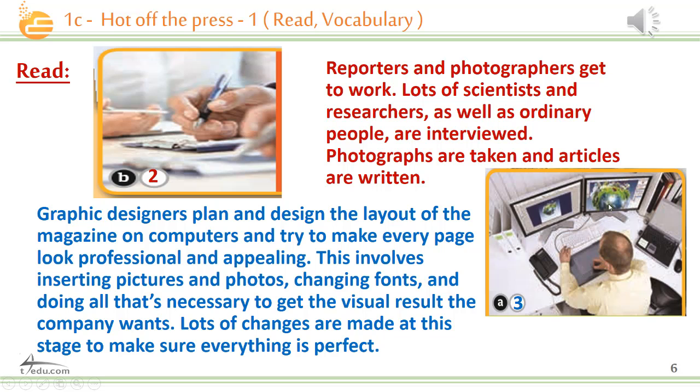He works on the design of the magazine here in this picture. He works on the pages of each magazine and then he inserts pictures and photos. He works on the font, or the writing itself. He changes the type of writing and makes it appealing, which means attractive, for the reader. Yes, very good. He makes it nice for the reader.